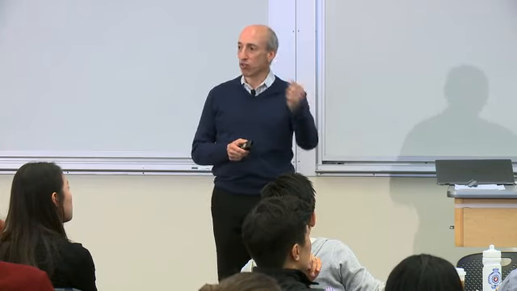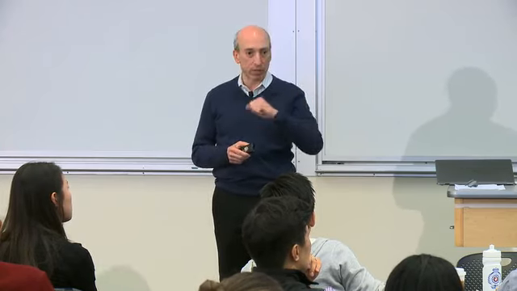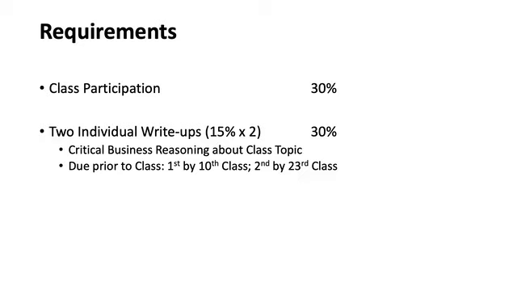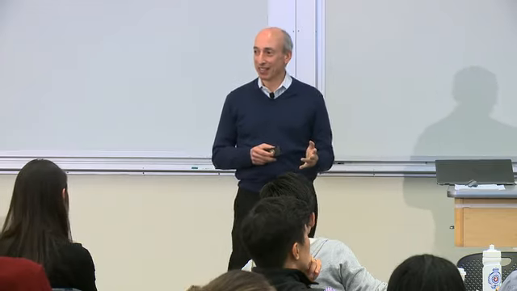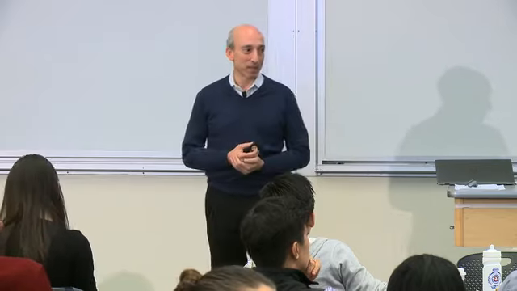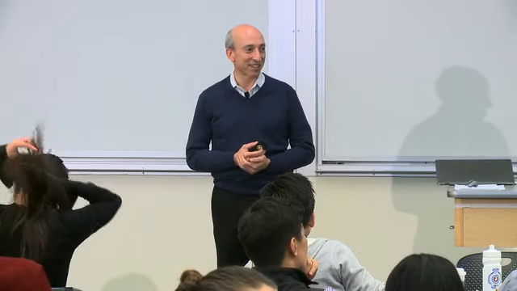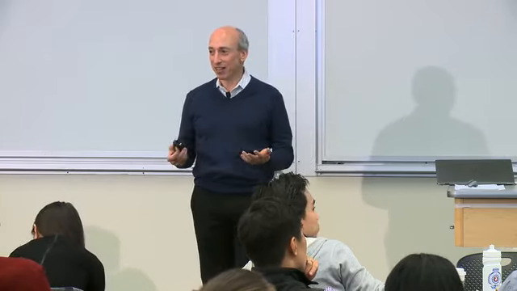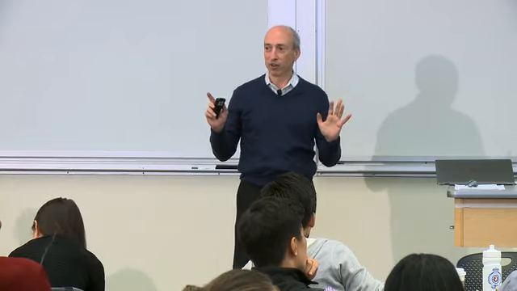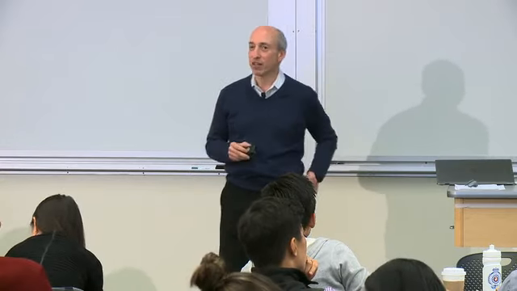What are its strengths or its values in terms of business reasoning? One by the 10th class, one by the 23rd, always before class. What it likely means is we'll be getting most of these on the 8th, 9th, and 10th class. I know how that works, and that's okay. I'm just reminding you of that.